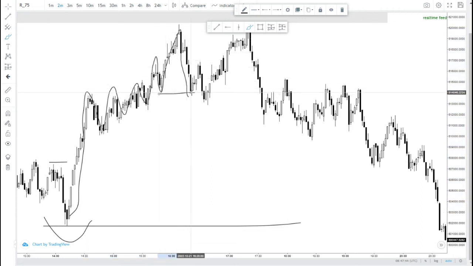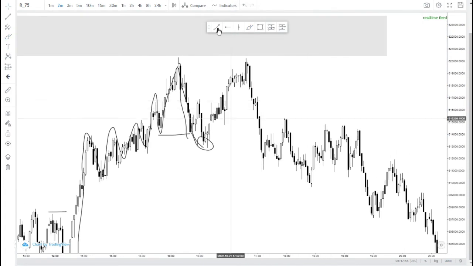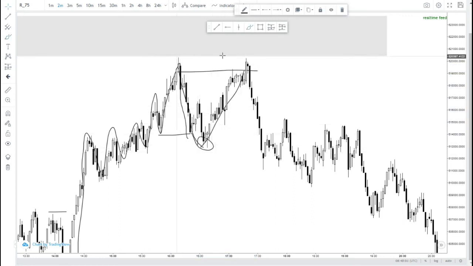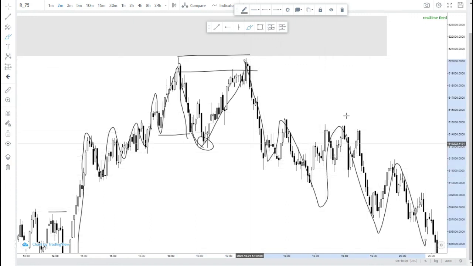This break here with this low indicates that price is no longer pushing bullish, but instead it's shifting bearish. Now, lo and behold, price comes back to retest this supply and then leaves. As you can see, price leaves.